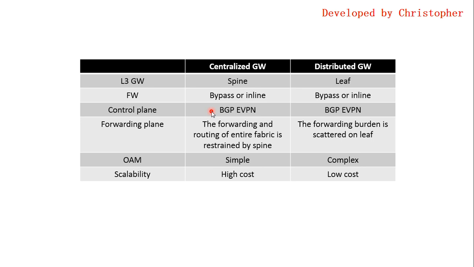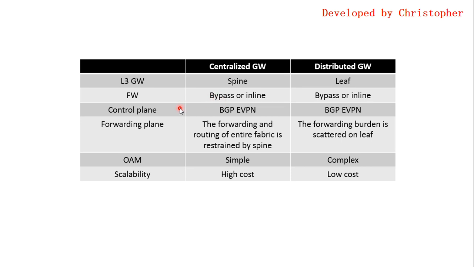What it does is filtering, looking up Layer 4 to Layer 7 packets. So it's better to use the bypass mode to deploy the firewall.